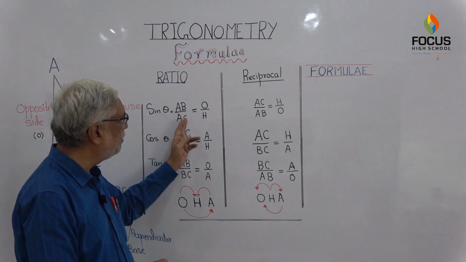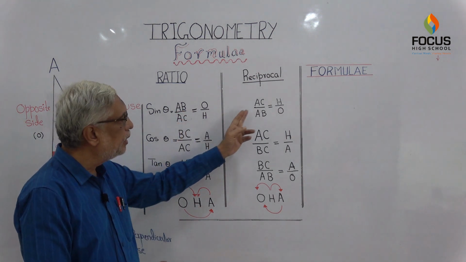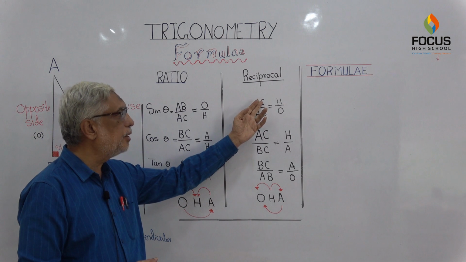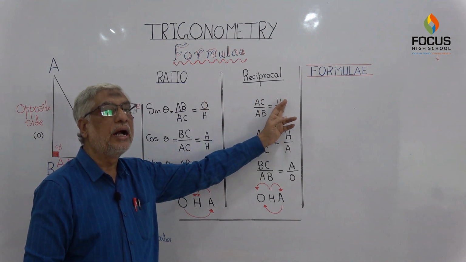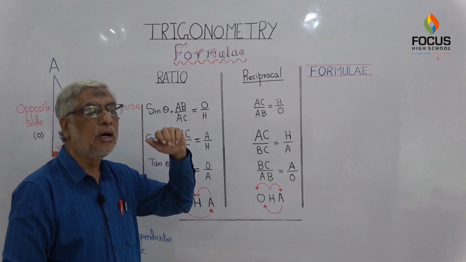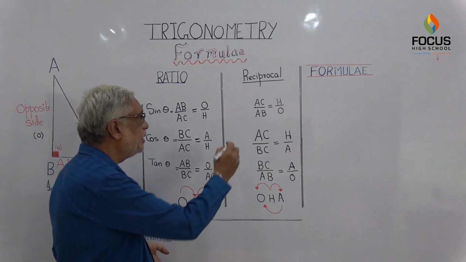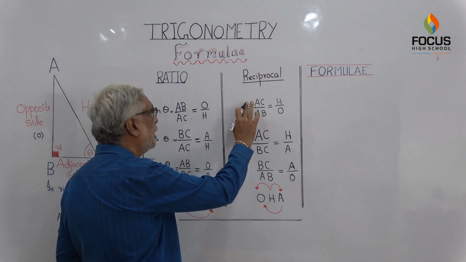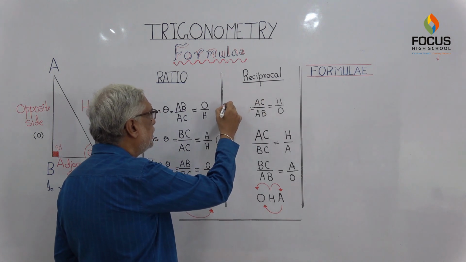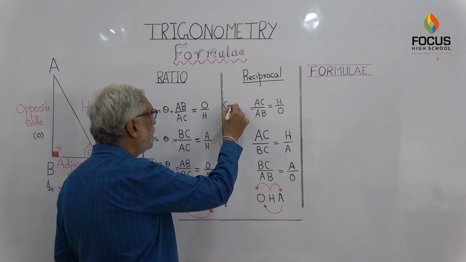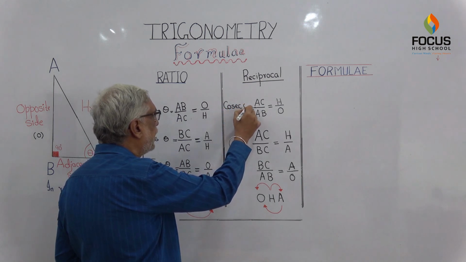If one is AB upon AC, if I write the other way around, AC upon AB, here it is opposite by hypotenuse. If I write hypotenuse upon opposite, then another name has been given to this reciprocal ratio, and this is the cosec theta, cosec of the angle theta.